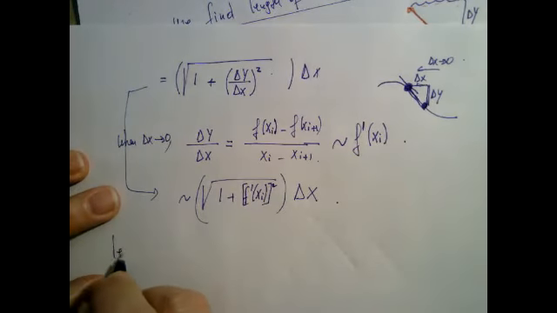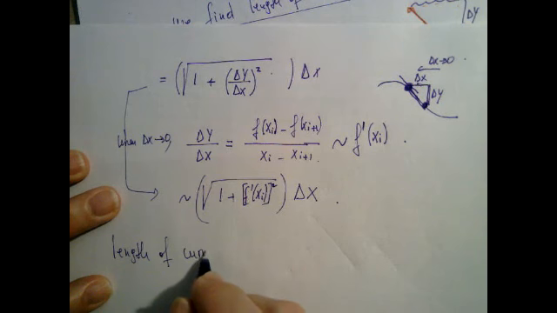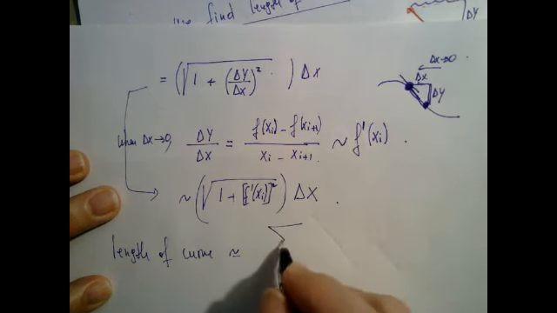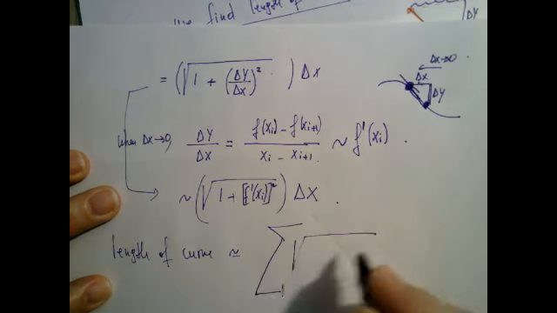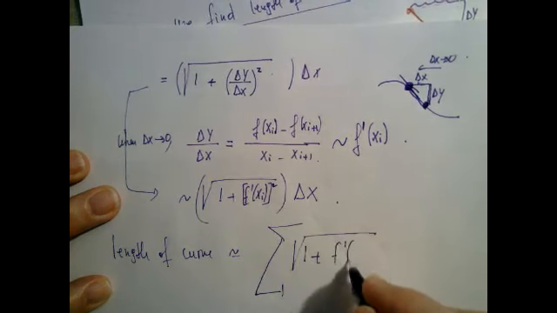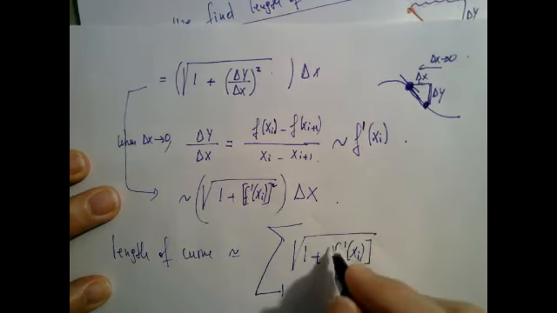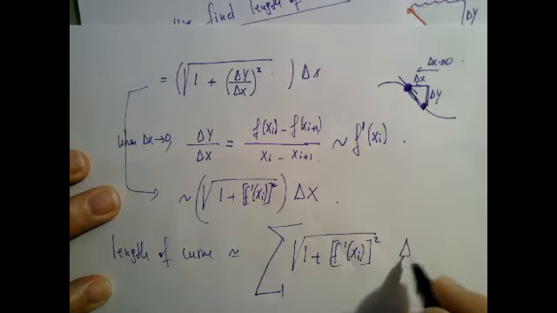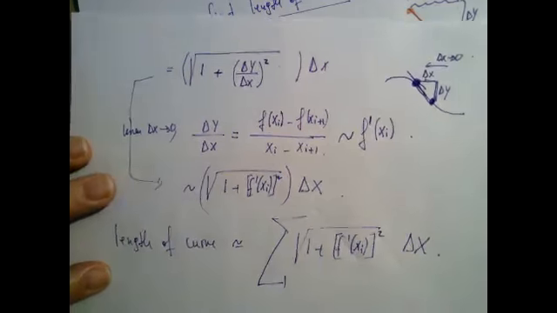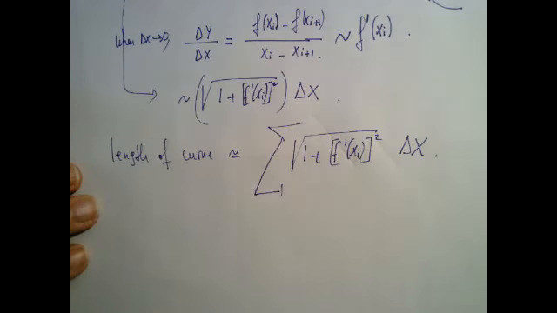So the length of the curve is going to be almost the sum of those quantities times delta x. And that's where my Riemann sum is going to come up.